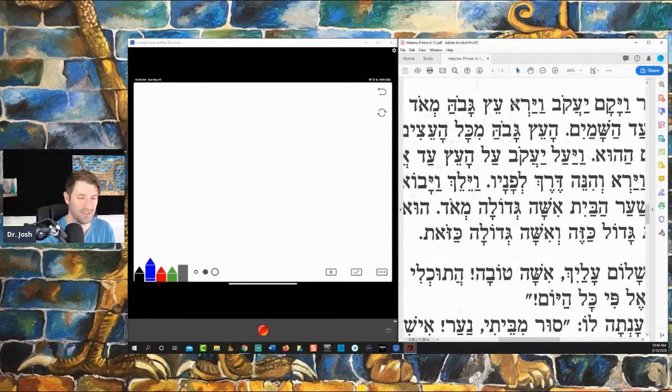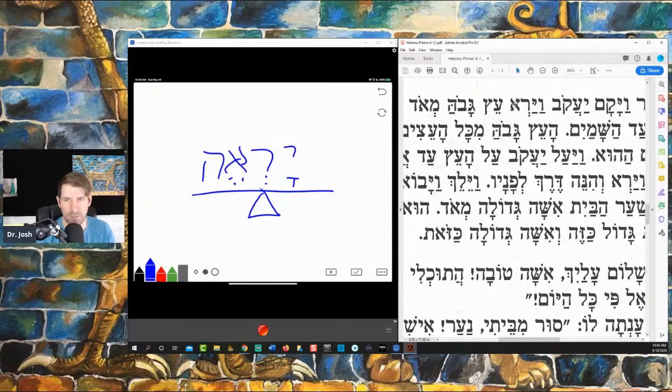The same thing happens with yar, for he will see. When you put this really heavy patach doubling dot, oh man, it just pulls that seesaw down, and that third hey just pops right off.